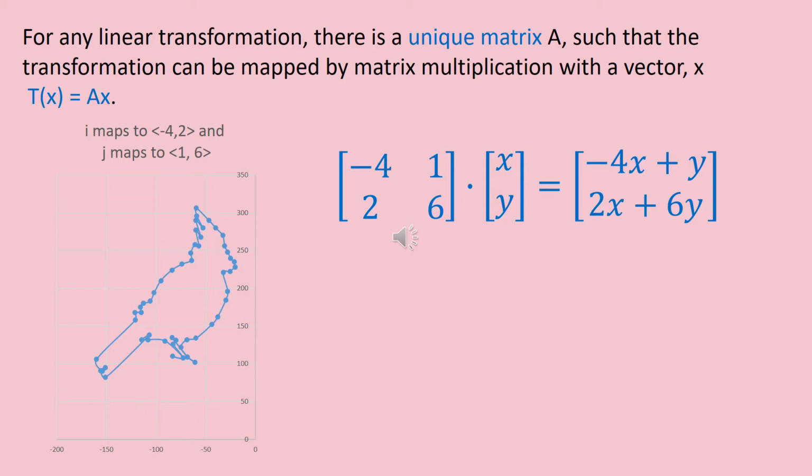And we will use the notation T of x equals A times x. If you see that notation, it's referring to a linear transformation, mapping vectors in one space to vectors in another space with matrix multiplication by matrix A.